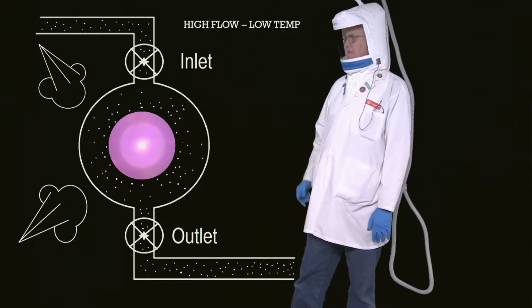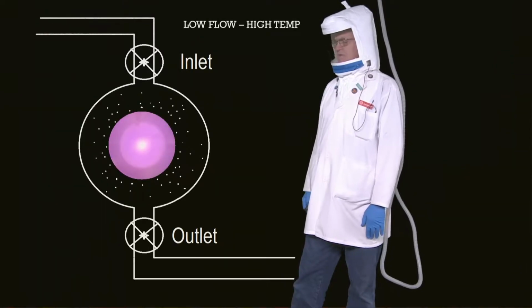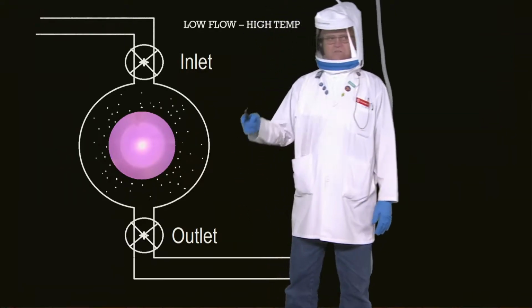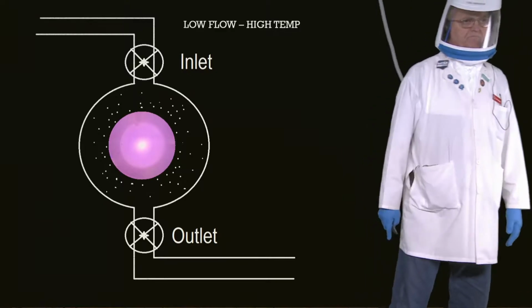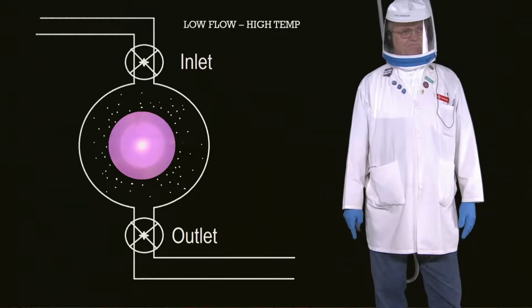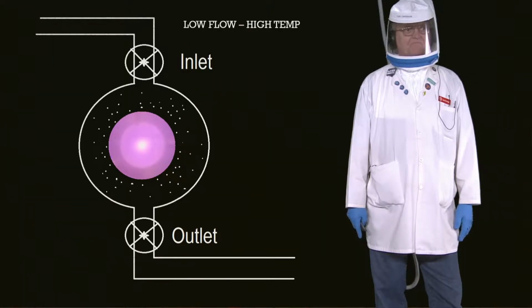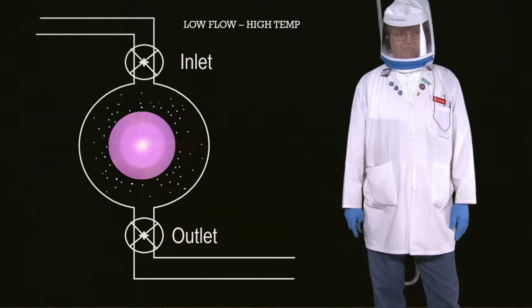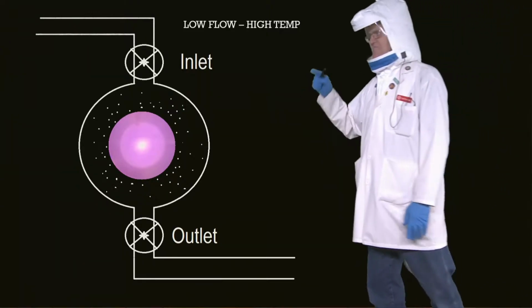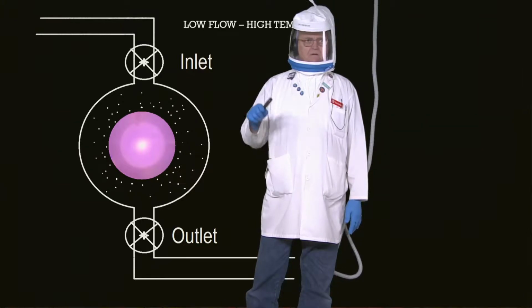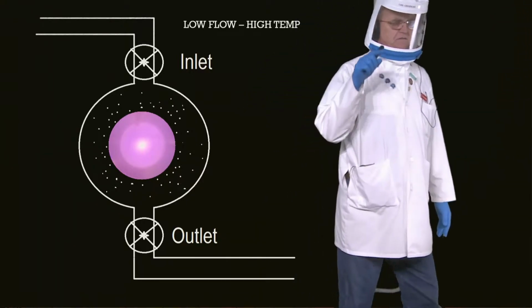Okay, that's good at low temp, but when we change that around and do high temp, how does high temp versus low temp impact the reactor? Well, it goes back to the contamination thing. At high temperatures, the ions in the conflats come off the conflats and become part of the plasma. So we have two contributing factors here. Low flow aggregates contaminants.